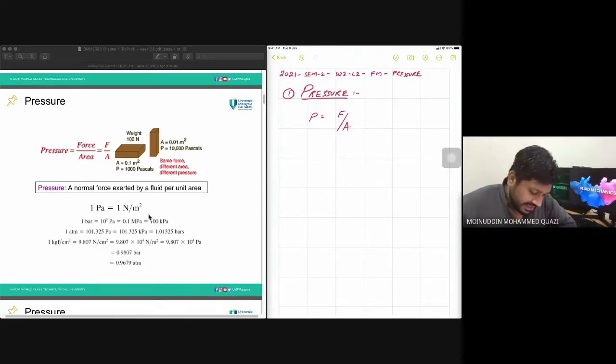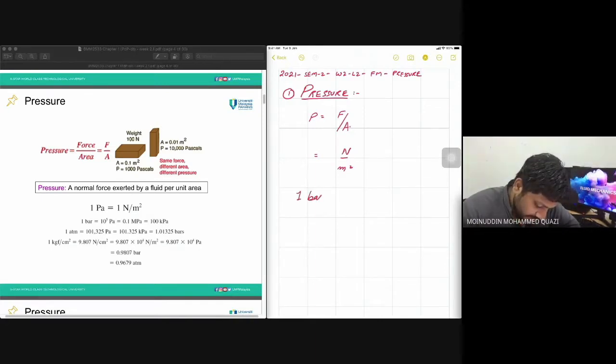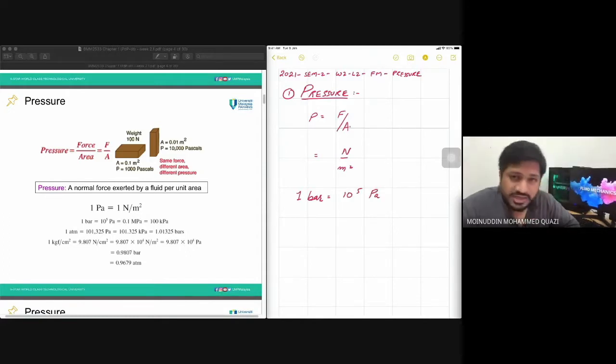In fluid mechanics, pressure is force per unit area, and its unit is Newton per meter square, the same as in solid mechanics. Newton per meter square is also called Pascal.